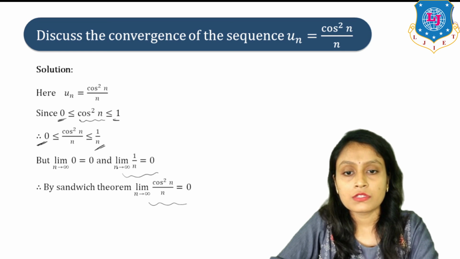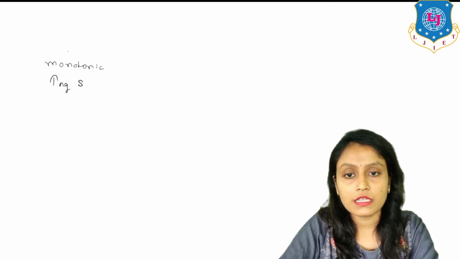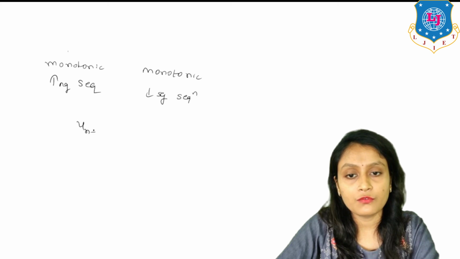Okay, so what we have discussed in all: monotonic increasing sequence and monotonic decreasing sequence, right? So for that we have to find un plus 1 minus un.